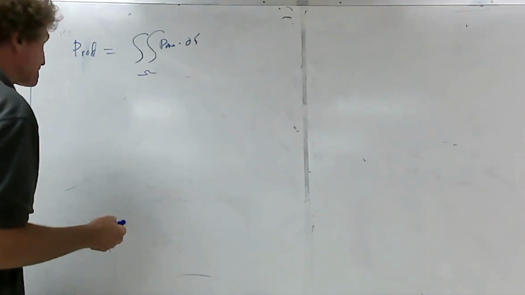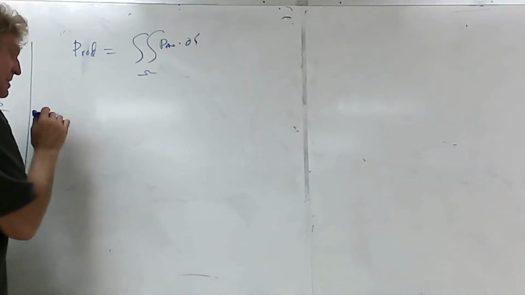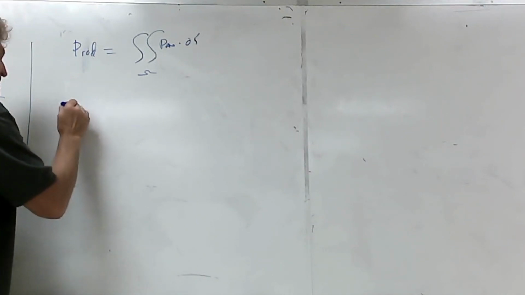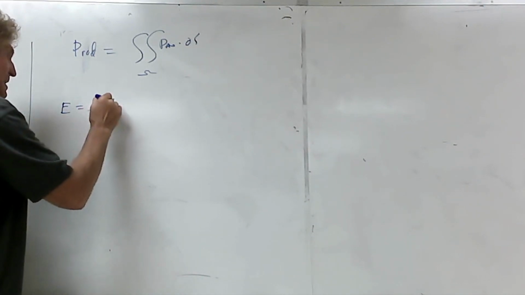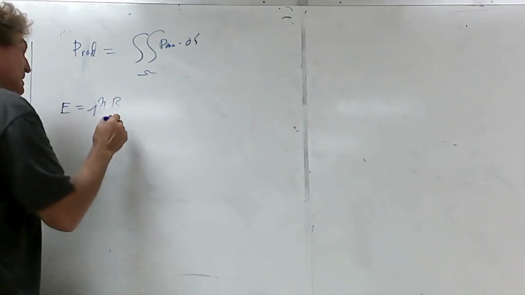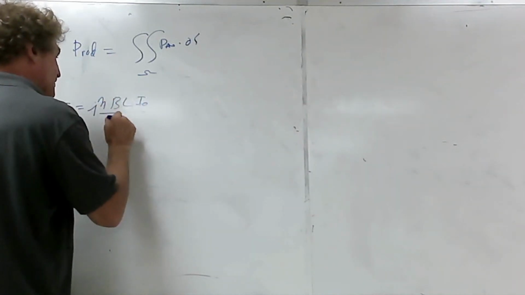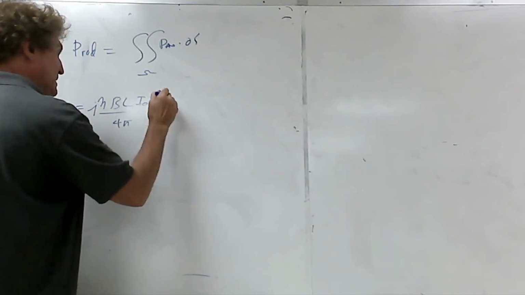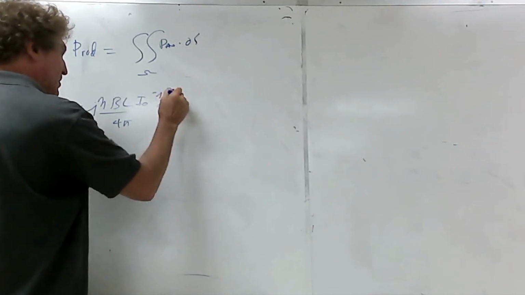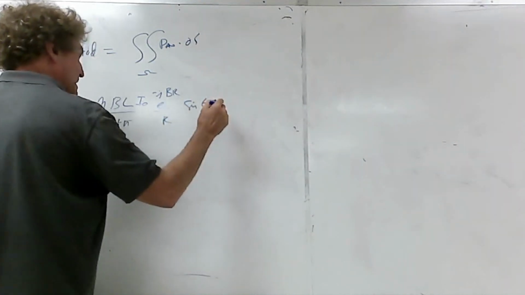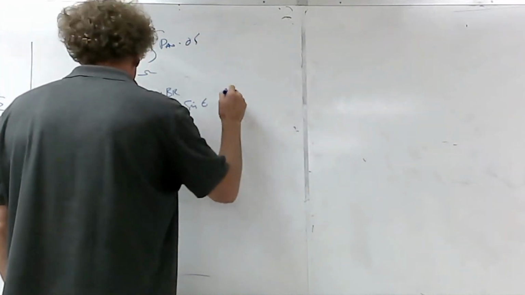Now for our case, I'm going to try to do this right here. We had an electric field equal to j eta beta times L I naught over 4 pi, e to the minus j beta r over r, times the sine of theta, in the a theta direction.